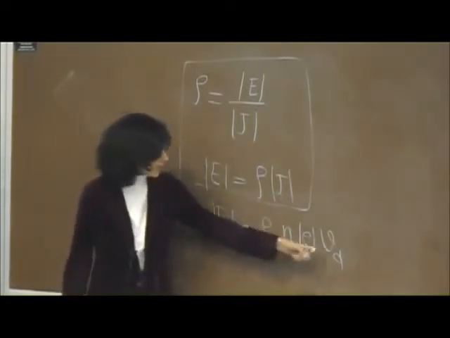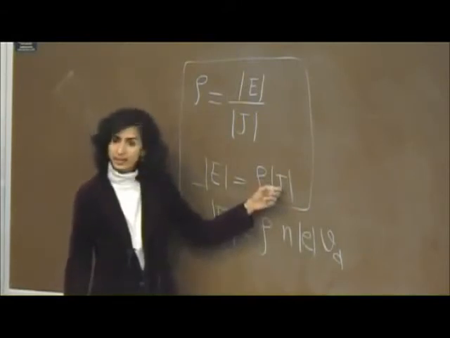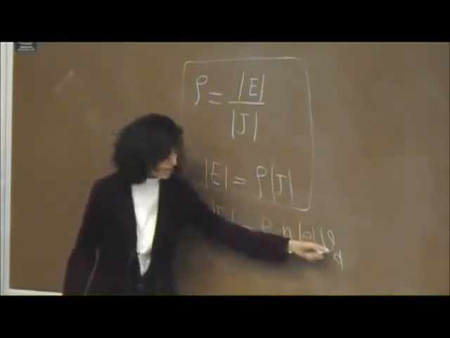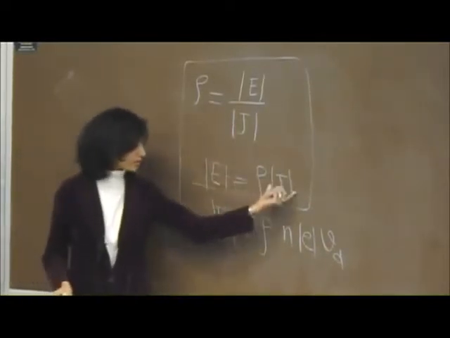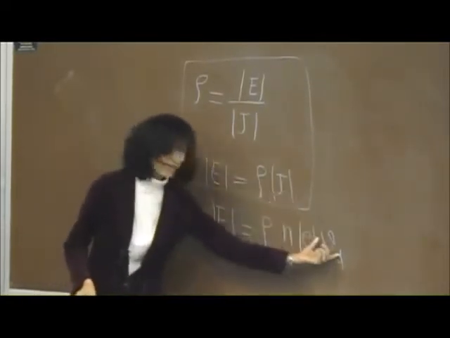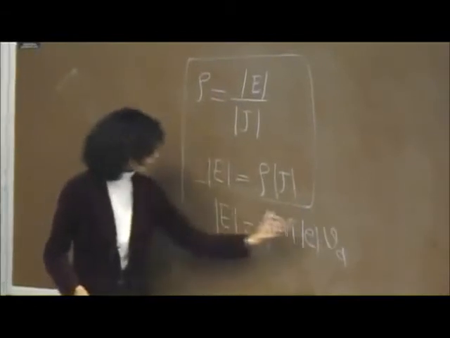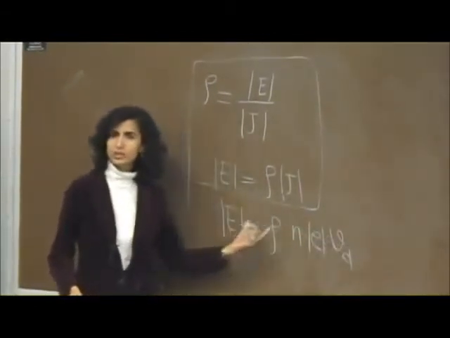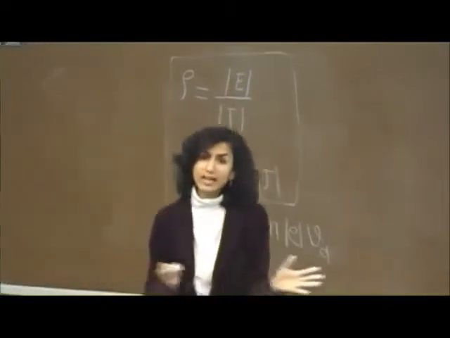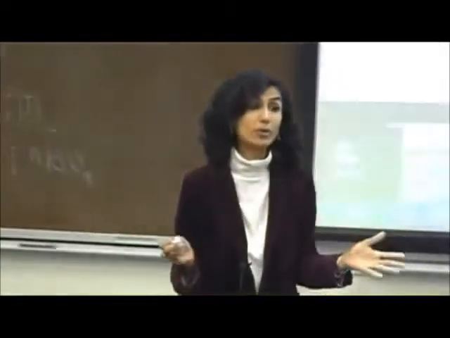So you can see that the higher the current density, the higher the drift speed. If you apply a higher electric field, the drift speed is higher, the current density is higher. So E is proportional to Vd. Is everybody seeing that the electric field is proportional to the drift speed? So you apply a higher electric field. In other words, for example, you use a battery which has a higher potential difference.